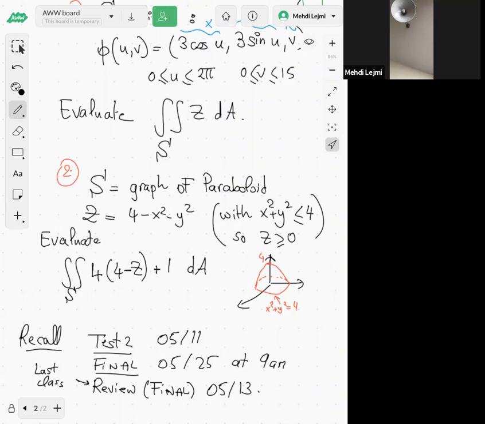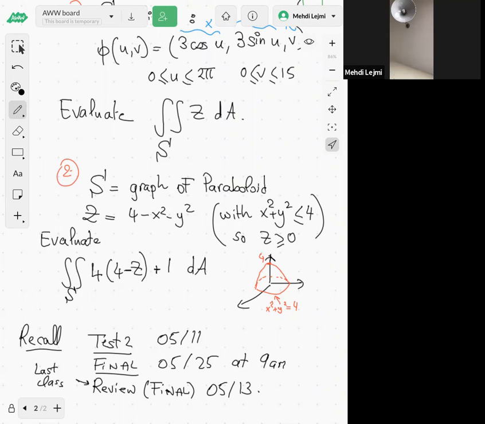A surface has an infinite number of ways to parameterize it, and we will see that the scalar surface integral or the vector surface integral is independent of the reparameterization, but depends only on the orientation of the surface.